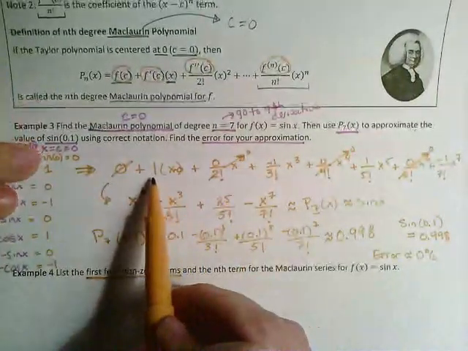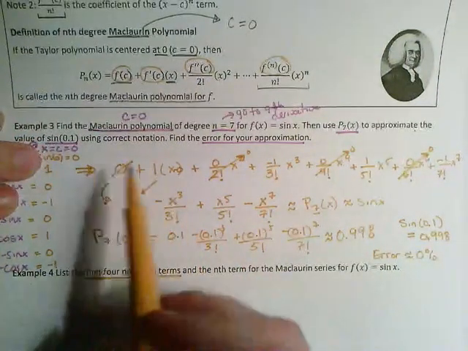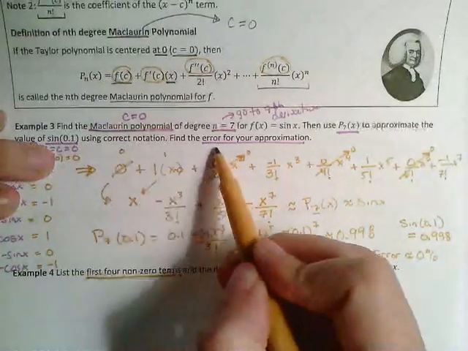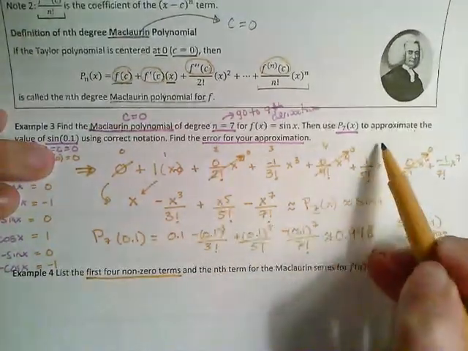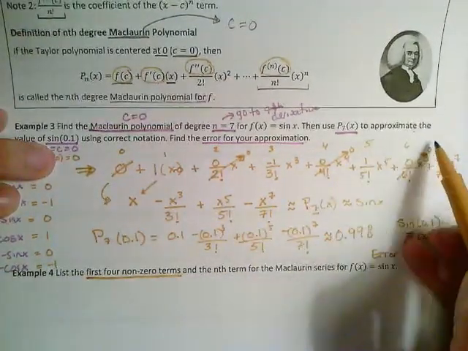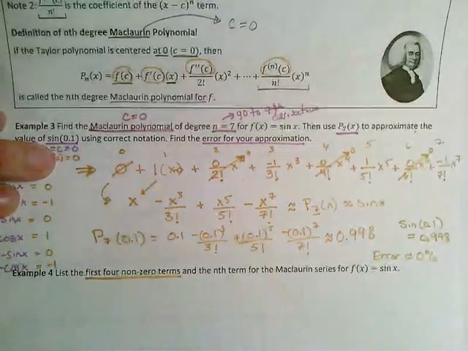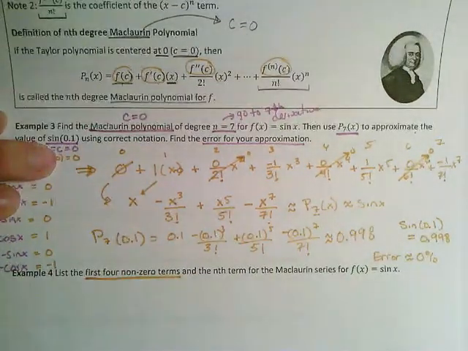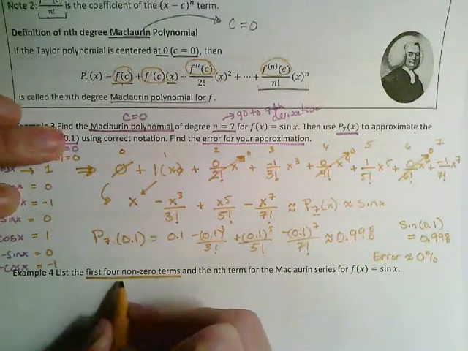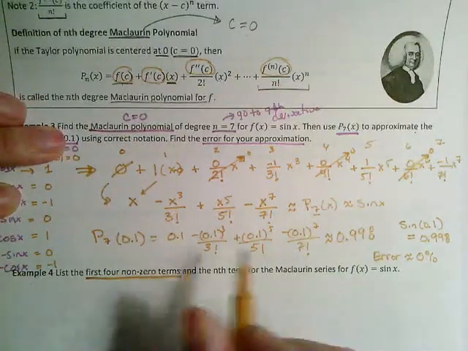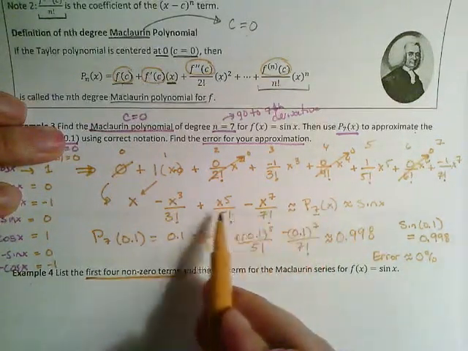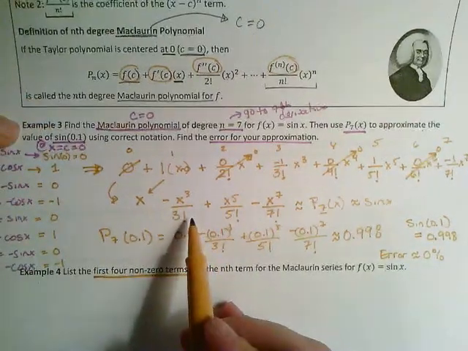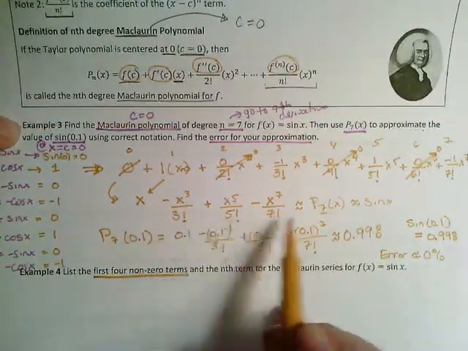Now this right here said find n equals 7, so we had to find the 0, 1, 2, 3, 4, 5, 6, 7 degrees. But for this question, it says list the first 4 non-zero terms. For that one, we just have to list the number of terms.